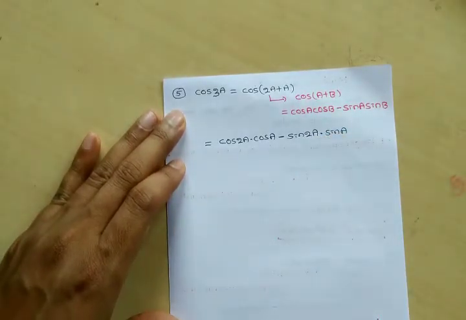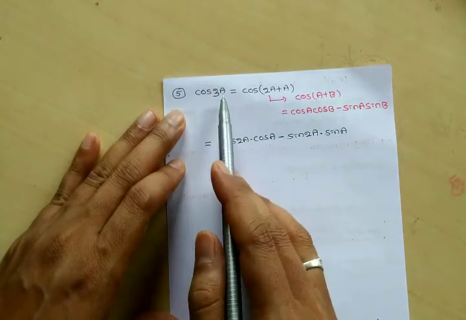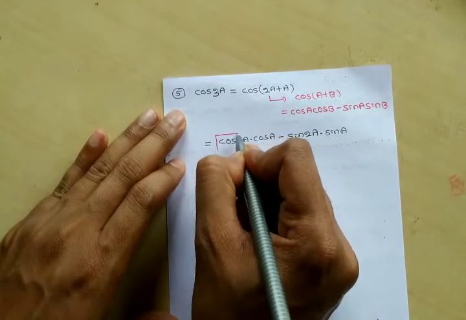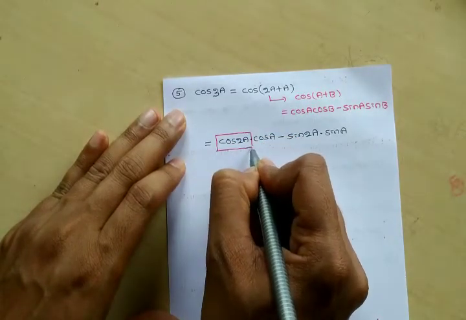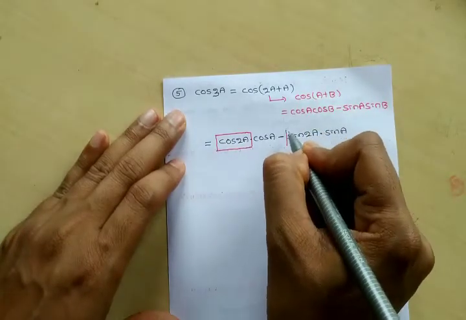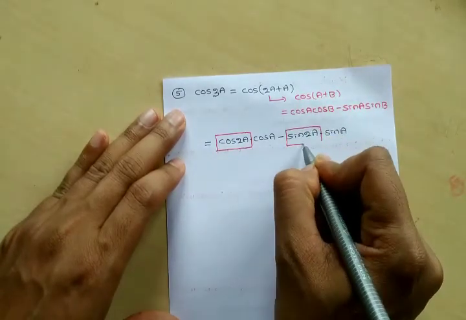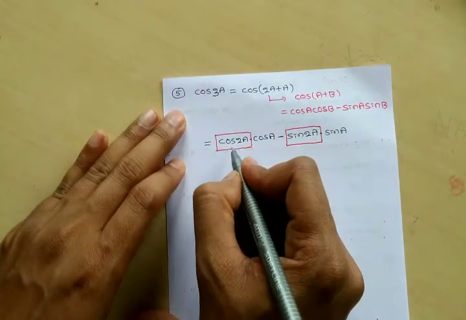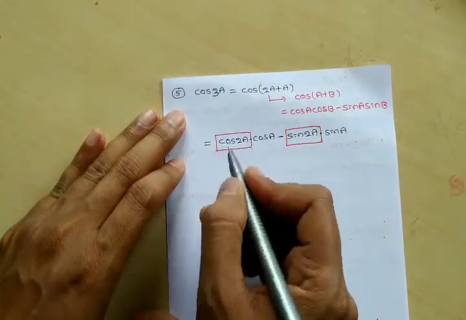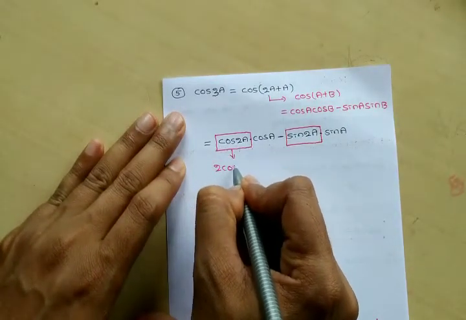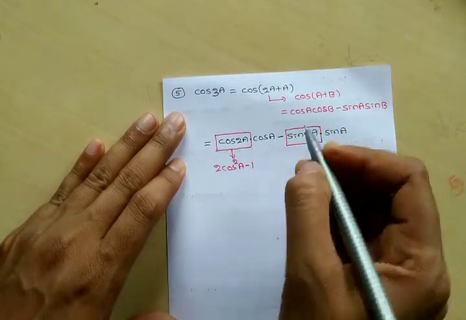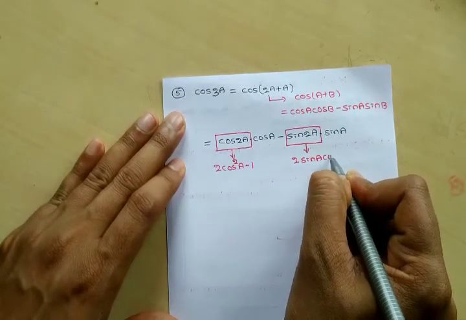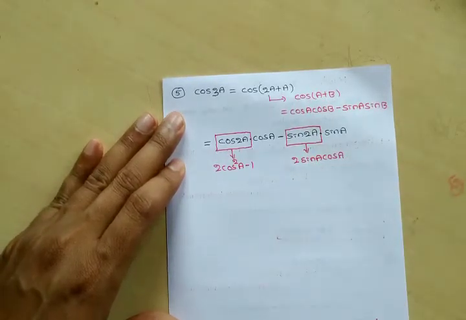So next, here this cos 3A you need to show in terms of cos only, therefore this cos 2A I am going to replace by the multiple angle formula, and this sin 2A also I am going to replace by the multiple angle formula. You know this cos 2A formula, correct? Cos 2A formula is 2 times cos square A minus 1, and this sin 2A formula is 2 times sin A into cos A. So in the next step replace.